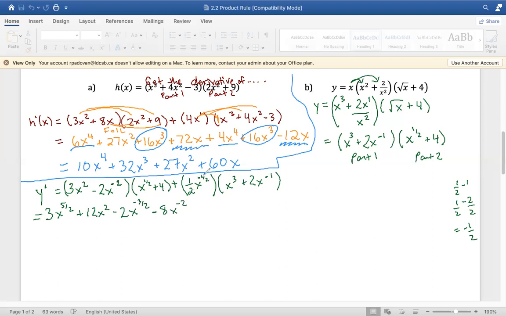And then multiply this 1/2 x to the -1/2 multiplied by x cubed. So I would have positive 1/2 times 1 is positive 1/2. But then my x, I would add the exponents. So -1/2 plus 3, right, would be 2.5. So again, 2.5 we already did over here is 5 over 2.